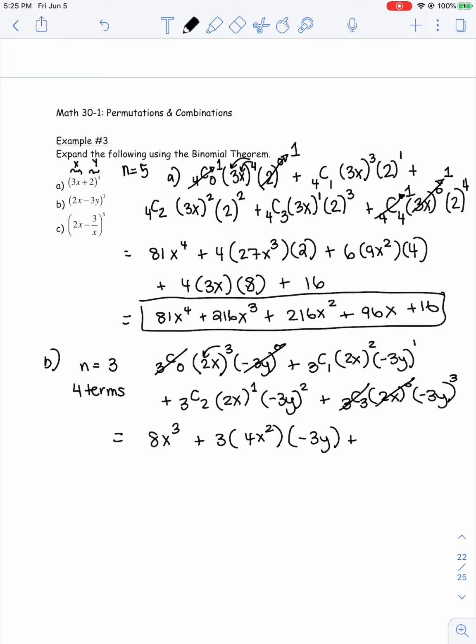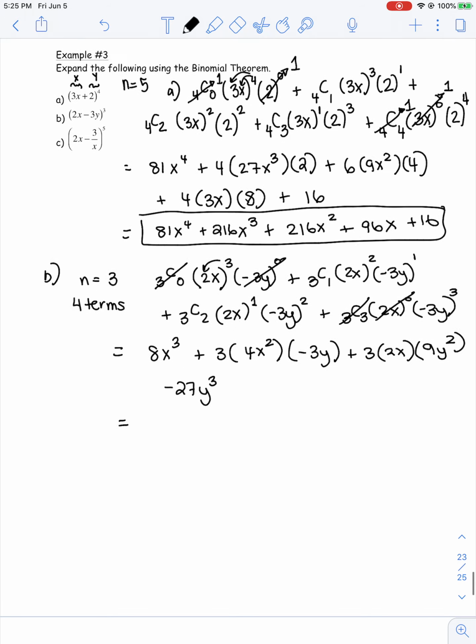Now our third term, 3 choose 2, is going to be 3. And then we have 2x to the power of 1 doesn't really change. And then negative 3 to the power of 2 is actually going to be positive 9, and then y squared. And our last term is going to be negative 3, which is negative 27, y to the power of 3.